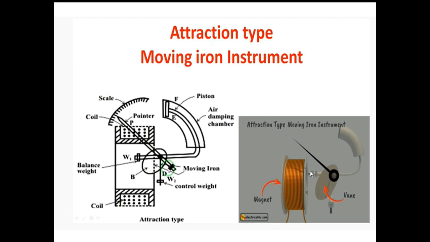This is the spindle, attached to a pointer, and whenever it moves, the pointer moves on the scale according to the strength of the magnetic field. And this is the air friction damping chamber.